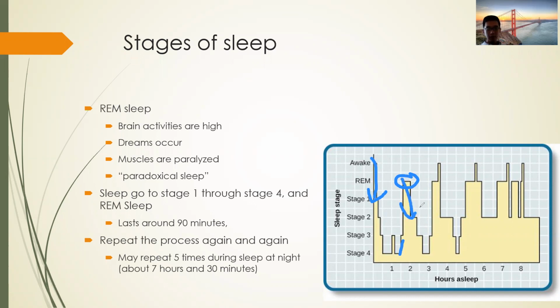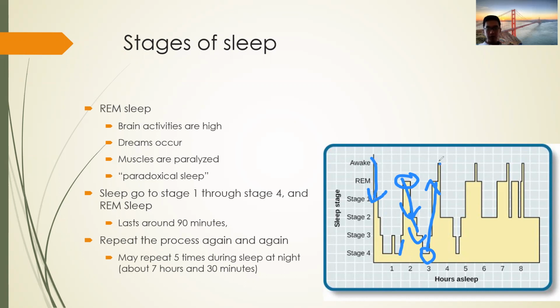It goes to stage 2 directly, goes to stage 3 and 4, stays in stage 4 for a little amount of time, and then goes to REM, and suddenly this person is awake for a very short period of time.